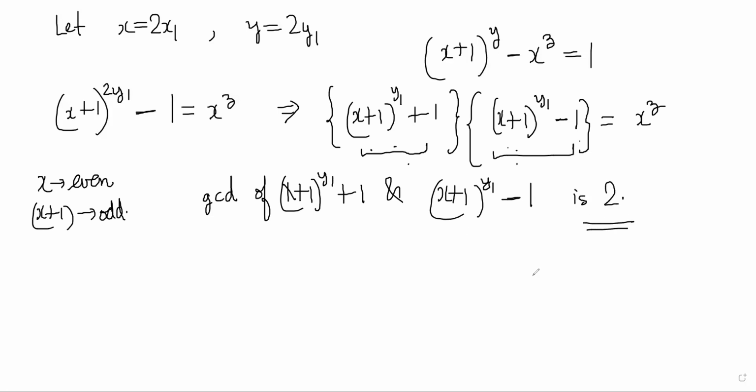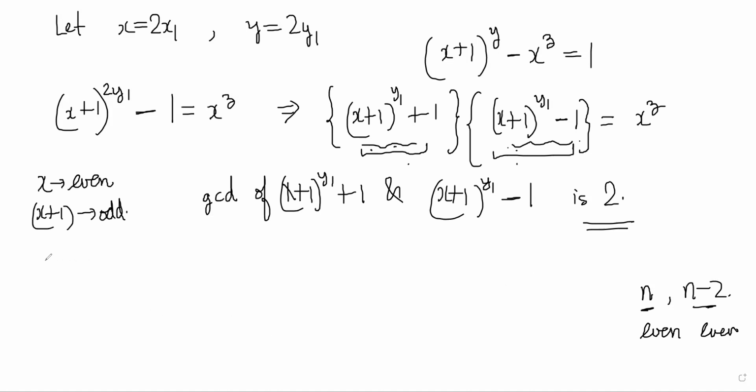Why is it obvious? Because the numbers are something like n and n minus 2, where both of them are even. This number is even, this number is even. So obviously 2 is a common factor, right? So the GCD of these two numbers will be 2. Okay.